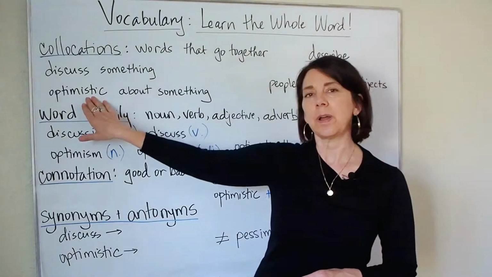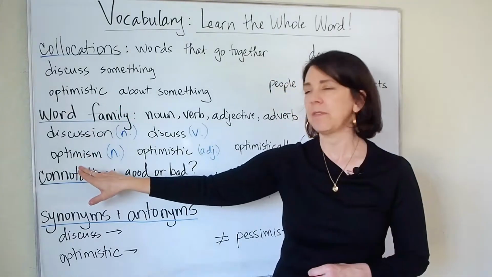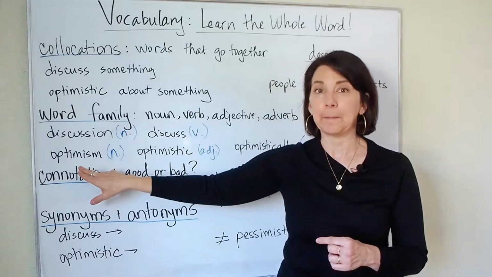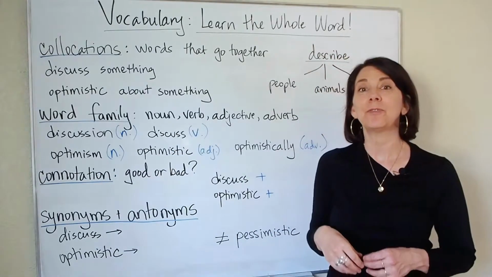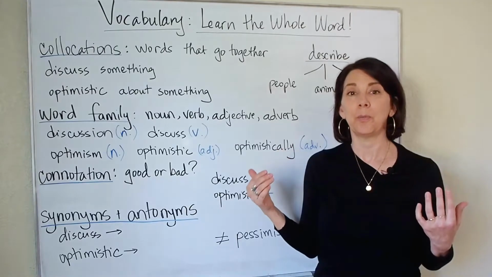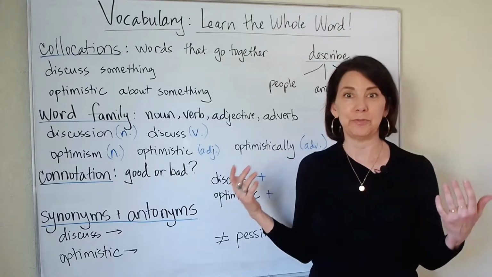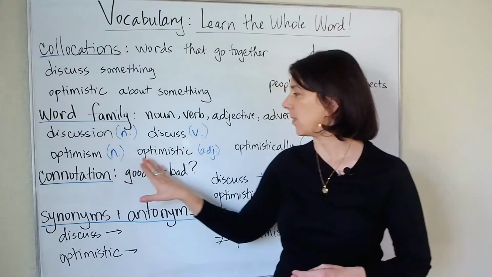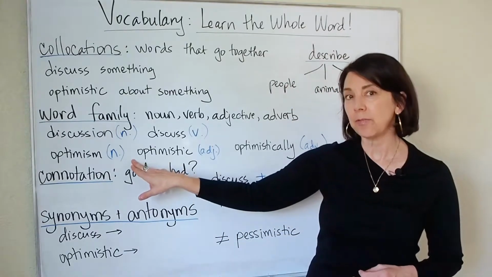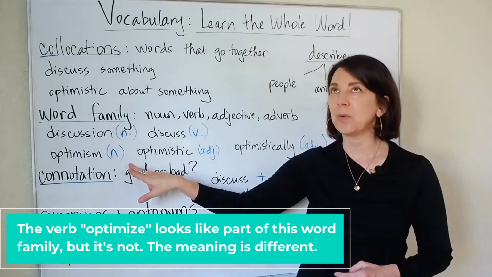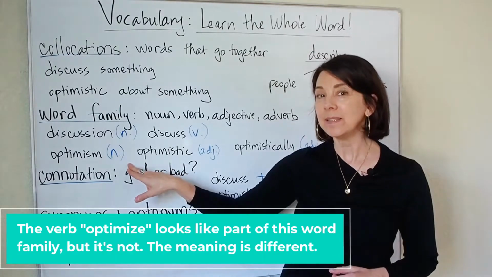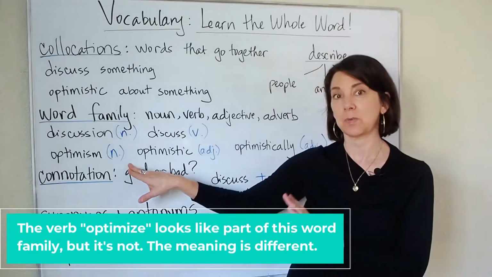Okay, for the word optimistic, we have the noun optimism. Optimism is the noun for that positive, hopeful, optimistic view. So that's the noun form. And then we don't have a verb form for this meaning. There is a word optimize, but that meaning is actually different, so we're not going to put that here.